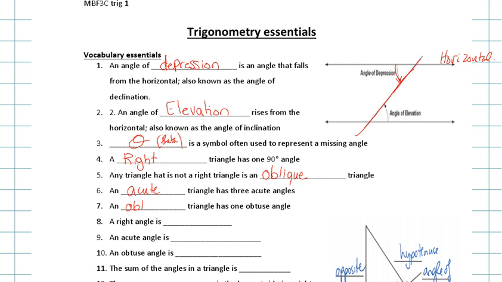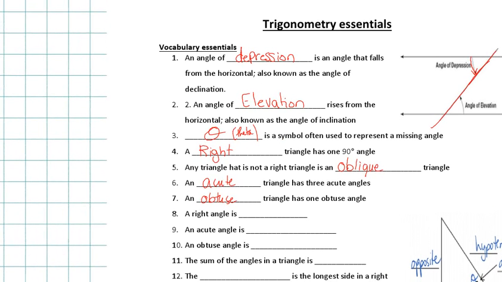What does the word obtuse mean? More than 90. So if you have something that looks like this, that's an acute triangle. But if you have something that looks like this, that's an obtuse triangle, because this angle right here is an obtuse angle, while all of these angles are less than 90. Are we okay with this so far? Obtuse means more than 90. That's right, more than 90.